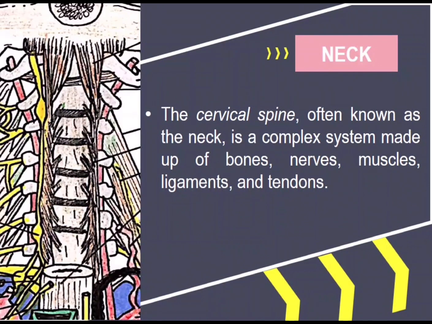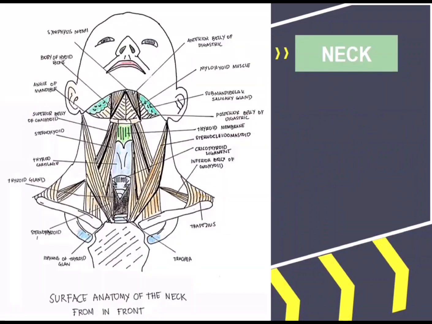Let me show you the general anatomy of the neck. As we can see in the picture, there is the parietal bone, temporal fossa, external acoustic meatus, styloid process, mastoid process, stylomandibular ligament, stylohyoid ligament, angle of mandible.